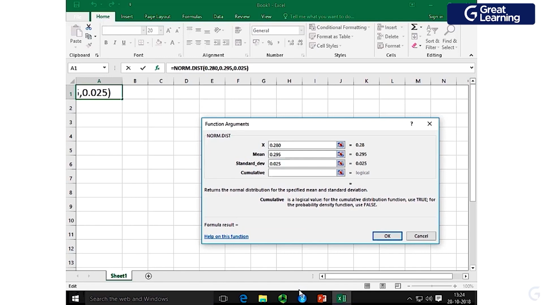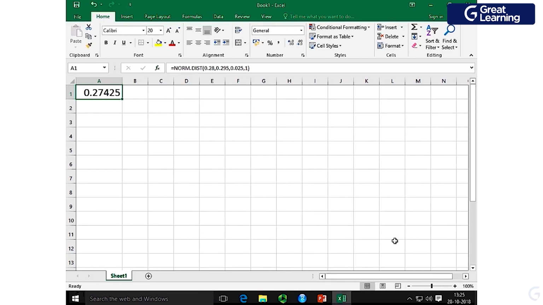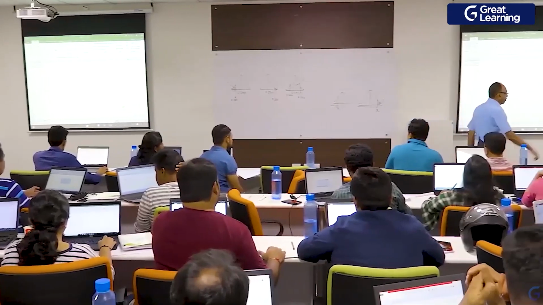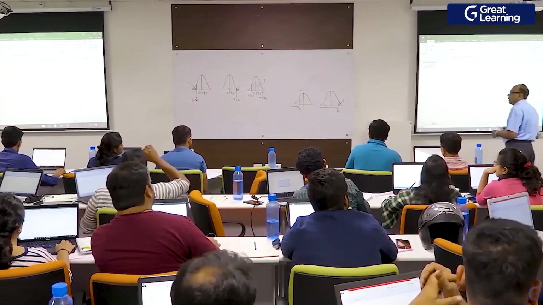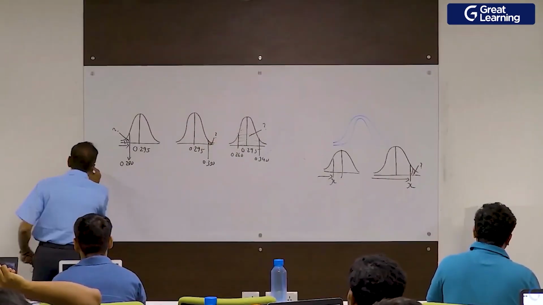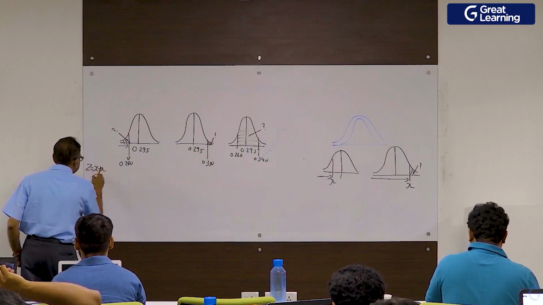Put 1, which is true. So you get here 27.425% of the packs will weigh less than 280 grams. Is it clear? So supposing I want to use the Z distribution, ladies and gentlemen, now Z is equal to X minus mu divided by sigma.